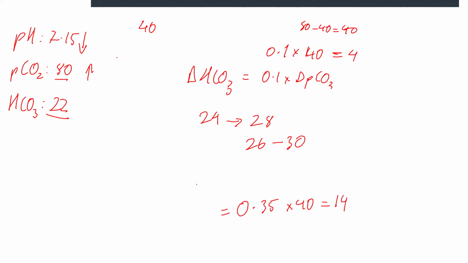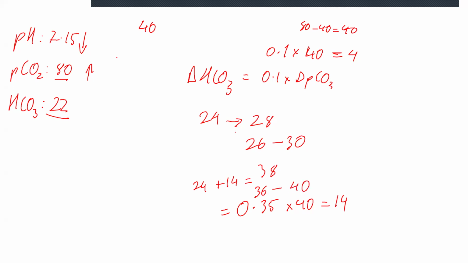And so our expected result is going to be 24 plus 14, which gives us 38. Again, to give you a range, you do plus minus 2, so 36 to 40.